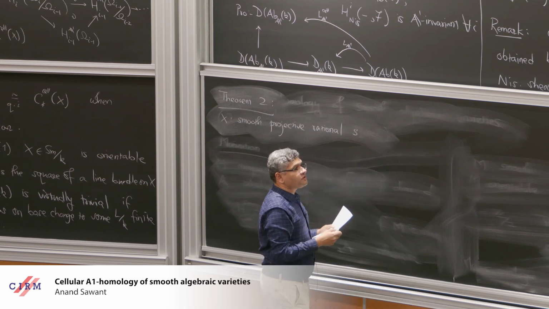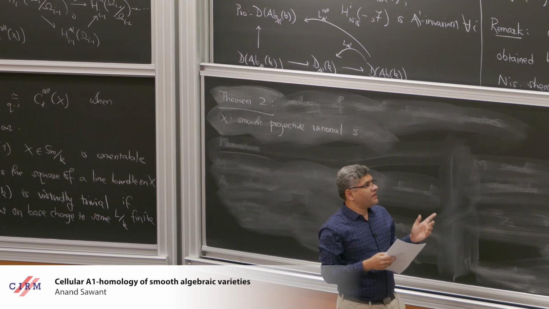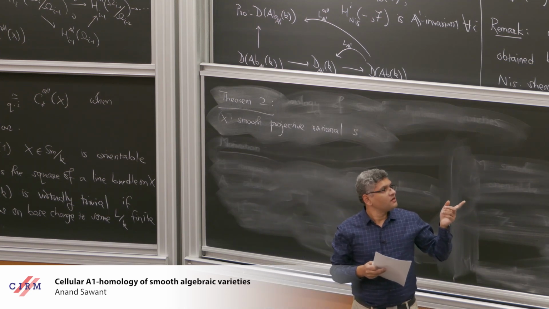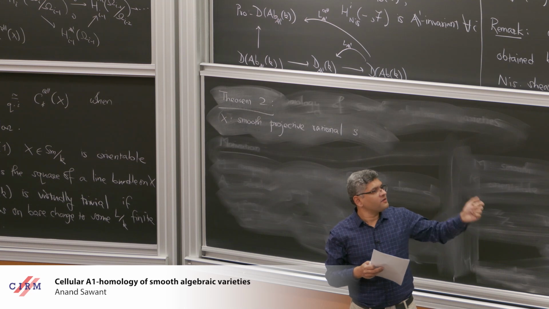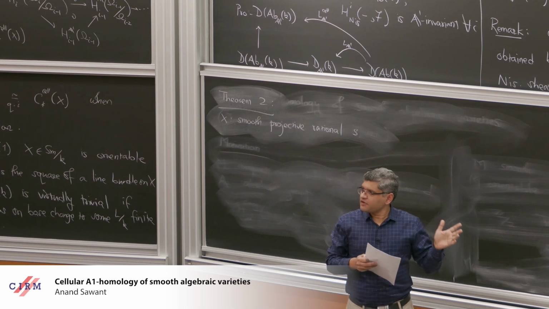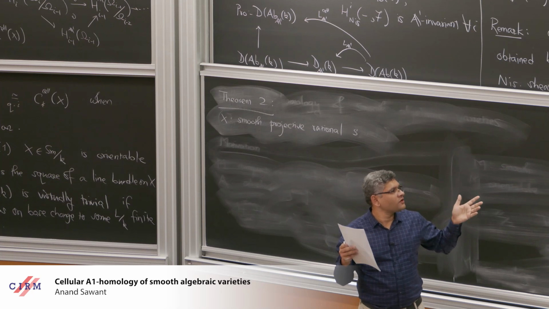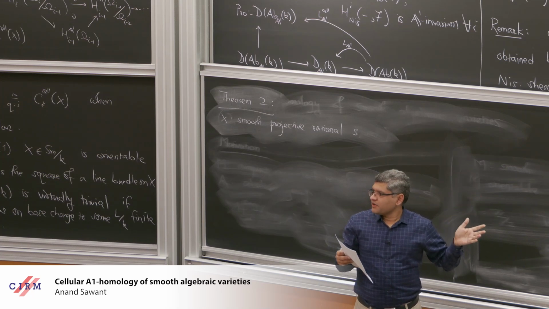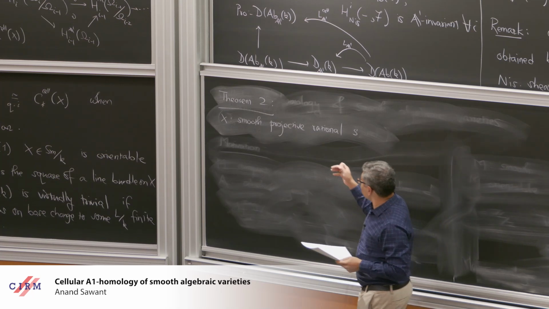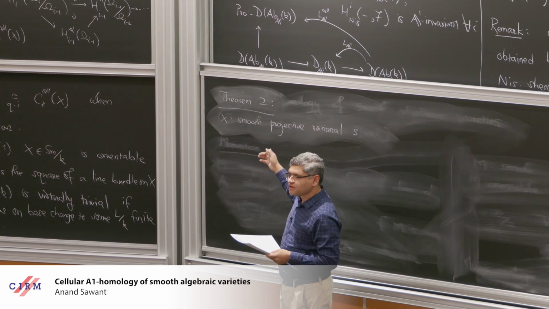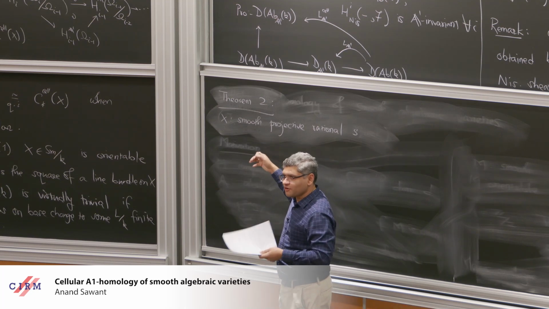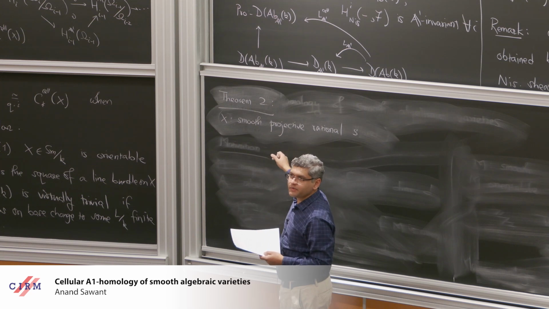Another comment is that over an arbitrary perfect field, A1 connected surfaces are all what are called retract rational, but there exist stably rational, non-rational smooth projective surfaces which are also A1 connected, and at this point we don't know how to handle them.